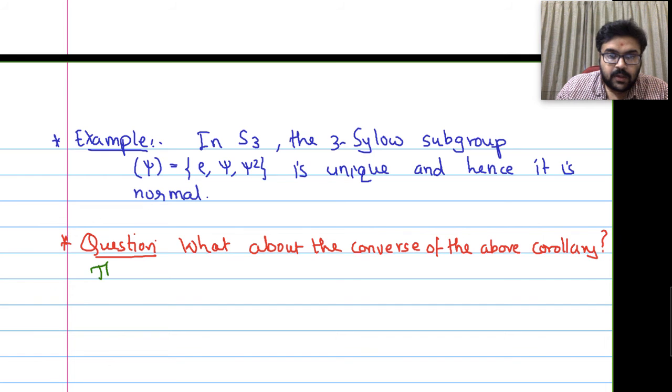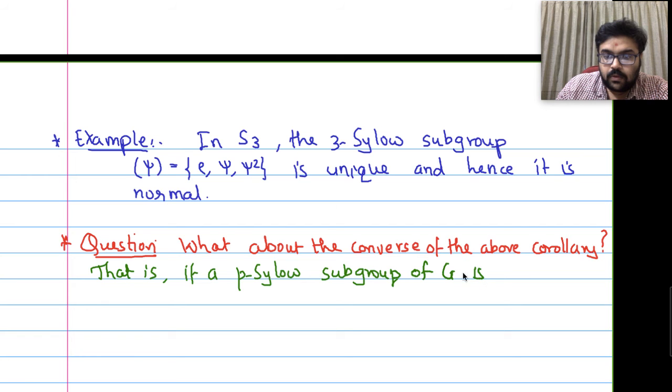That is, if there is a unique p-Sylow subgroup then it is normal. Suppose a p-Sylow subgroup is normal, is it unique? That is, if a p-Sylow subgroup of G is normal, then is it unique?